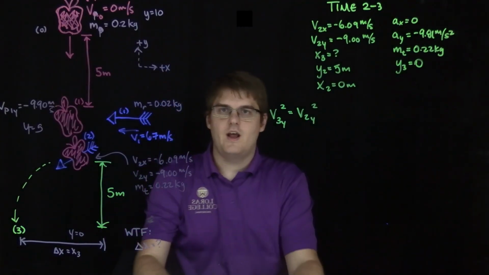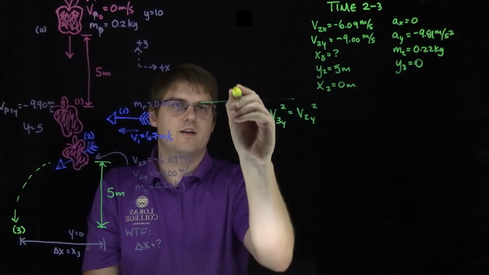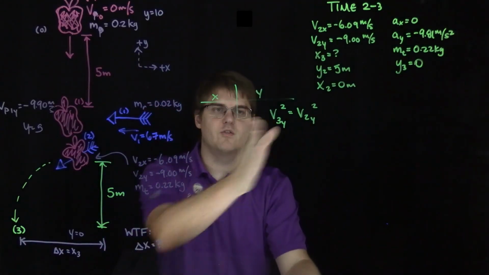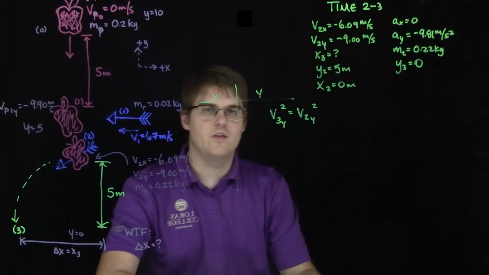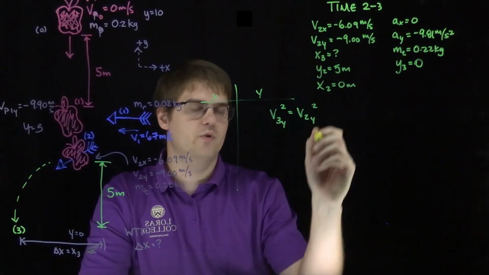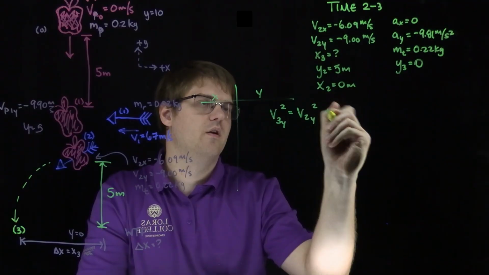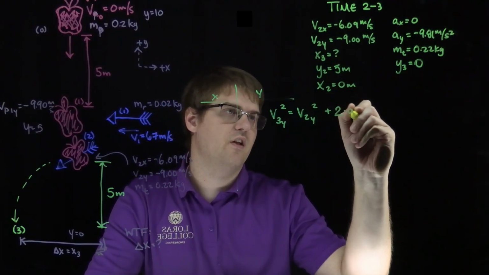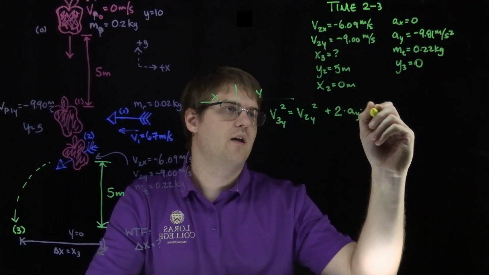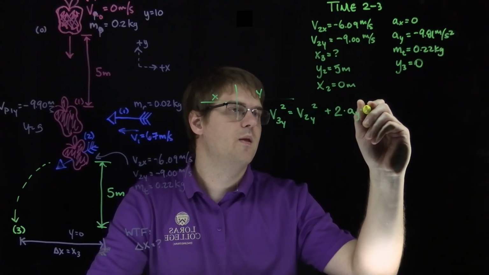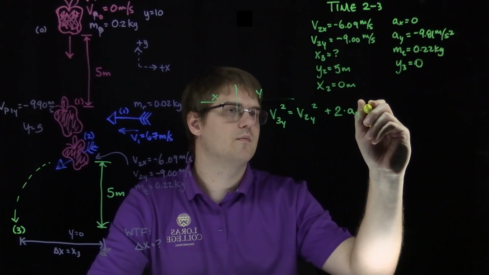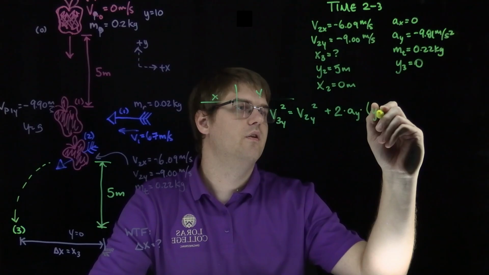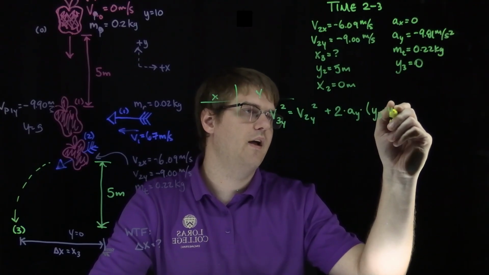Technically here, I can kind of draw it. I can say x, this is everything going on in the y. I don't have space to do both the x and the y on the board at the same time, so I'm only writing y currently. Plus 2 times acceleration in the y times my y at 3 minus y at 2.